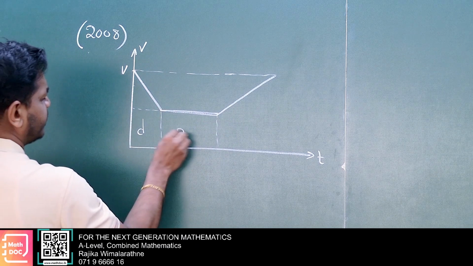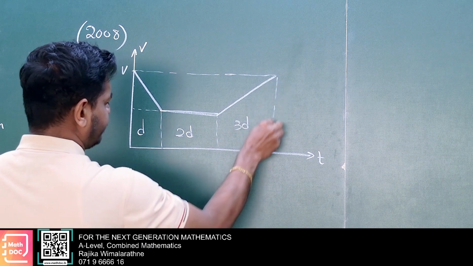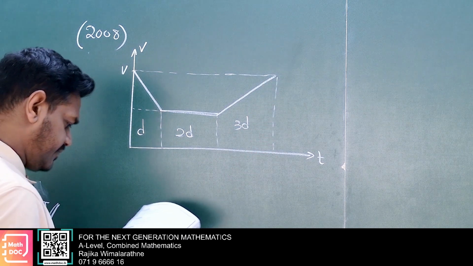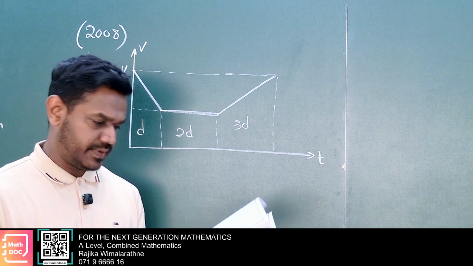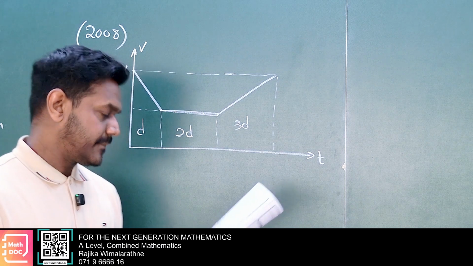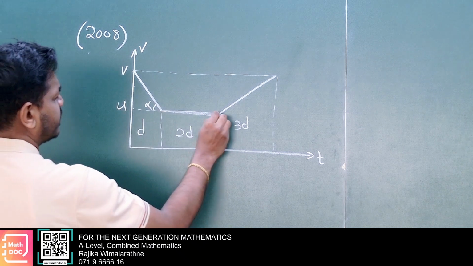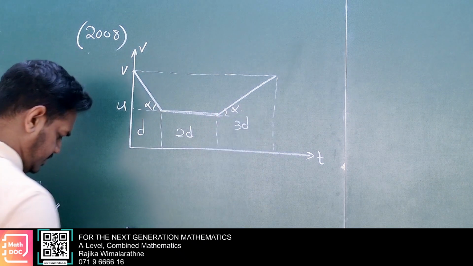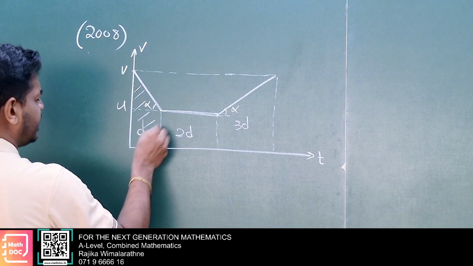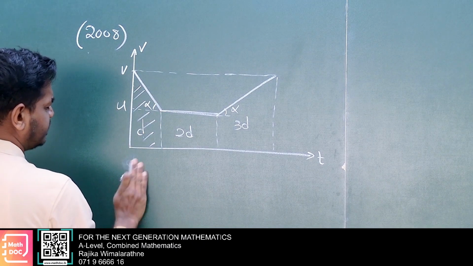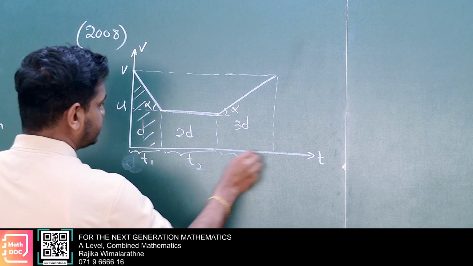Here d, 2d, 3d. First we need to find the time, thereafter we can find the time gap. Here velocity u, no need to worry about retardation and acceleration, so without that we can find. Here this shaded area d, let's take this time t1, this time t2, this time t3.